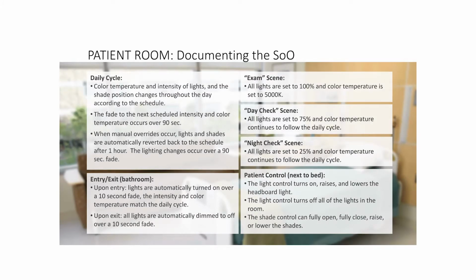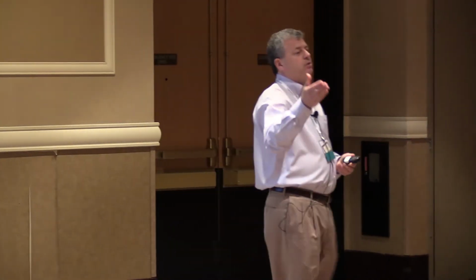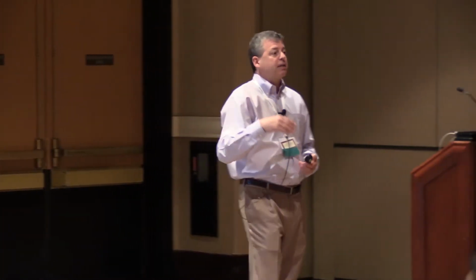When I then go one step further, I'm going to look at my daily cycle. What do I want to achieve? I want the color temperature to change throughout the course of the day. I want there to be a fade, an adjustment that happens over a certain period of time, and we're going to pick 90 seconds. And 90 seconds is a bit like the passing cloud syndrome of what we have with sunlight today.